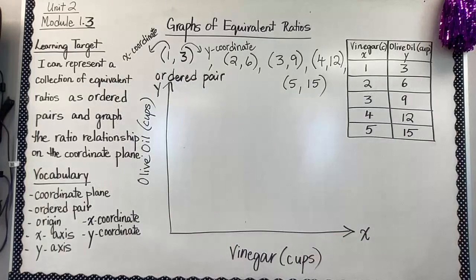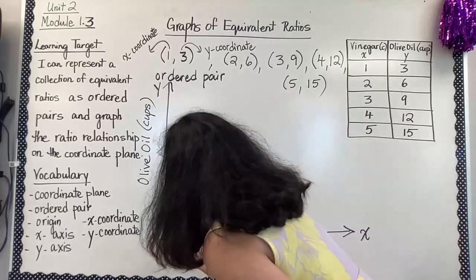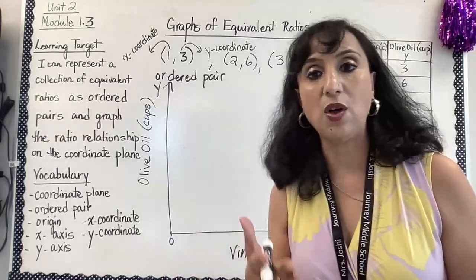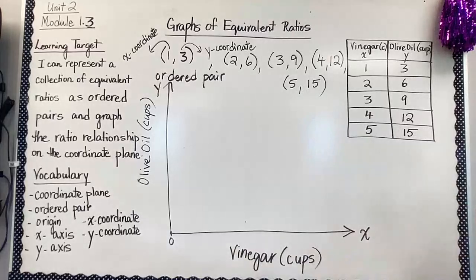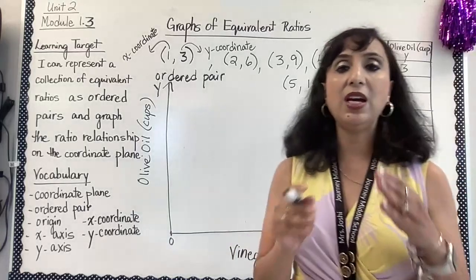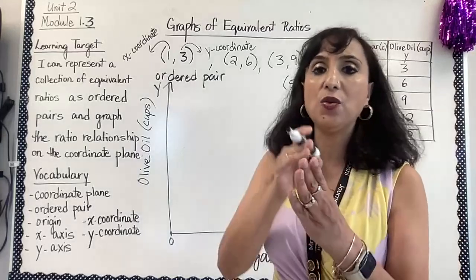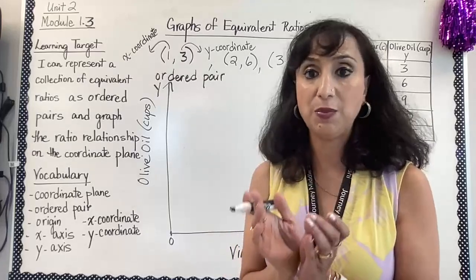Now we know that the origin is over here, where the x and y meet, and the ordered pair is always 0, 0. I am going to have the same intervals. If I'm counting 1, 2, 3, 4, I cannot do 1, 5, and go all over the place. The intervals have to be the same.